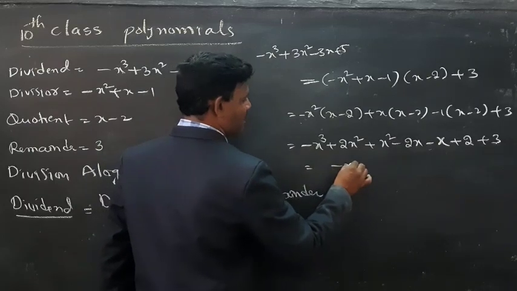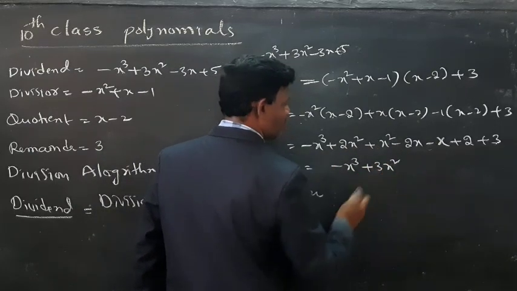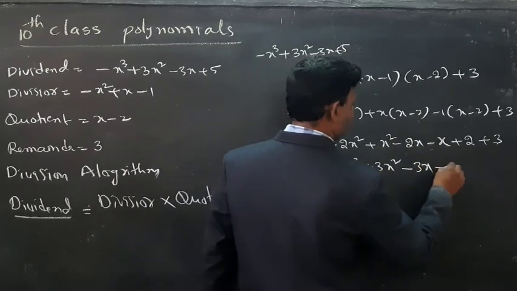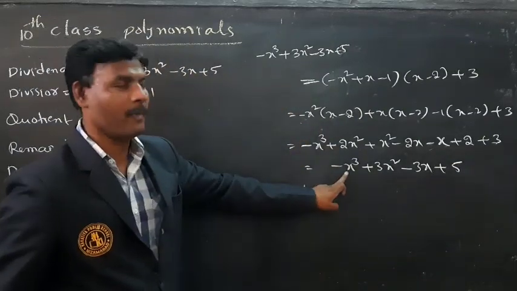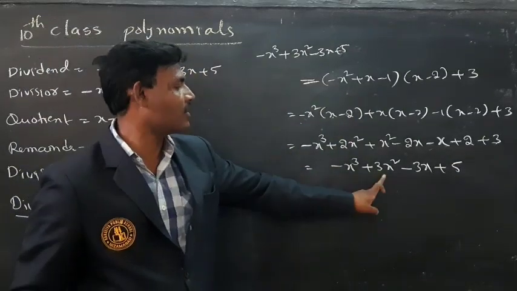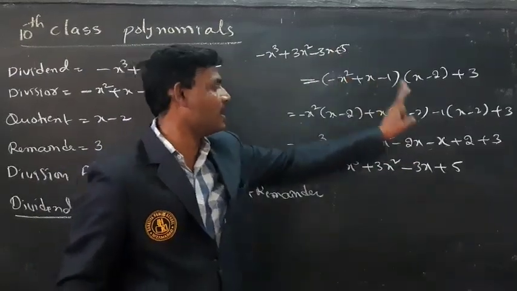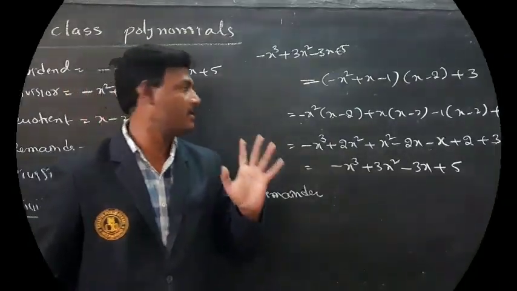Minus x cube plus 3x square minus 3x plus 5. So clearly observe, here division algorithm is also verified.